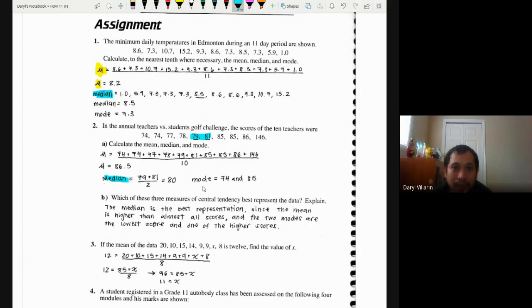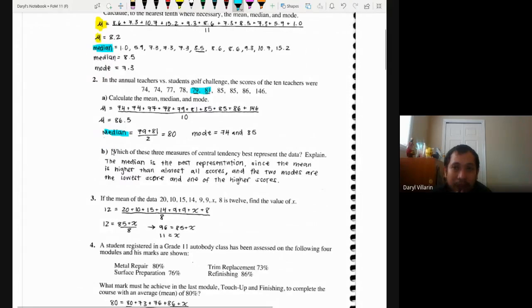Okay. And for the question of letter B, the median should be the best representation. Remember that the question is which measure of central tendency best represents the data. Well, if you can see here, if you're using the mean, remember that 146 will bring up your mean because of that.